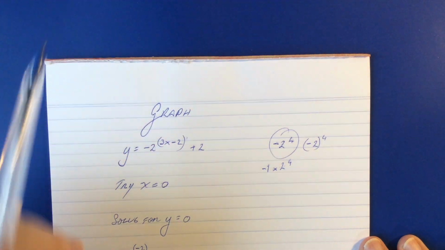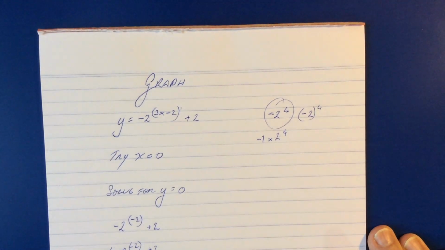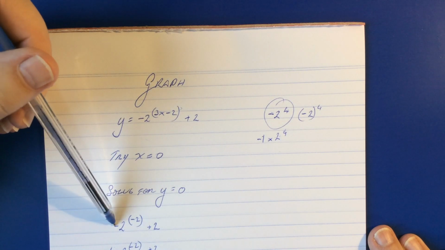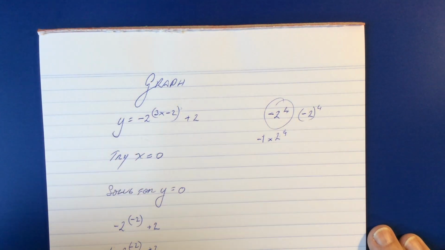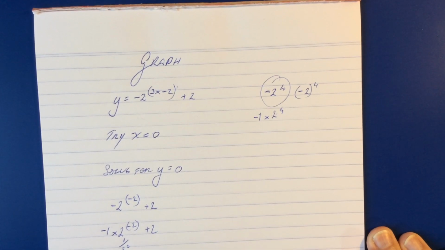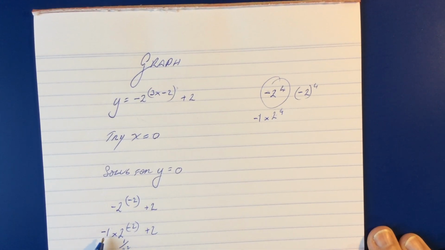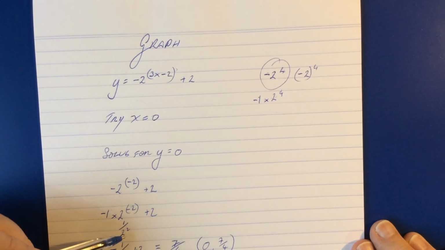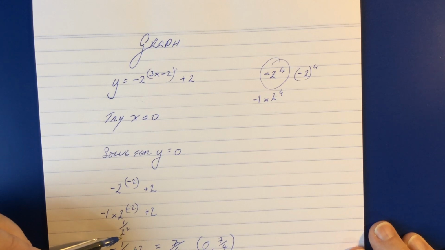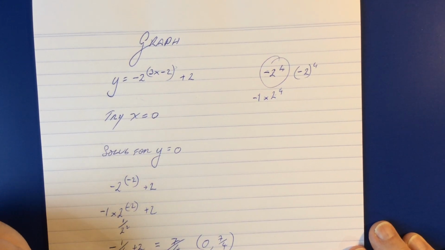If we put 0 into this bracket, what we get is the following. We get negative 2 to the power of negative 2 plus 2. And I've gone to the trouble of writing this out in this form so it's really clear what's going on. Now, 2 to the power of negative 2 is 1 over 2 squared, which is 1 over 4.